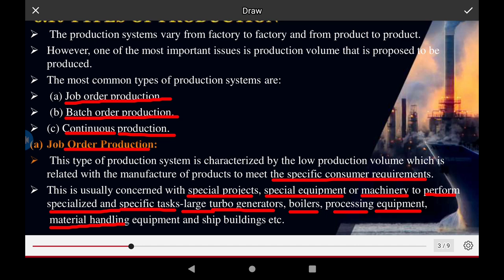All these projects consist of job order production system. Shipbuilding is the best example of job order production.